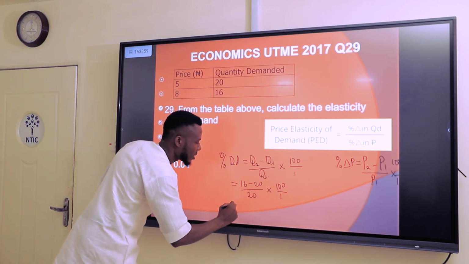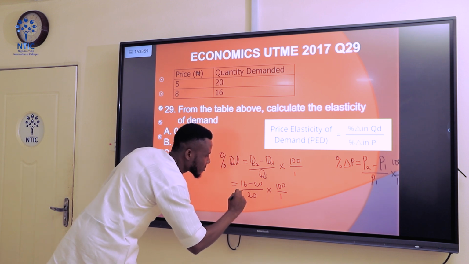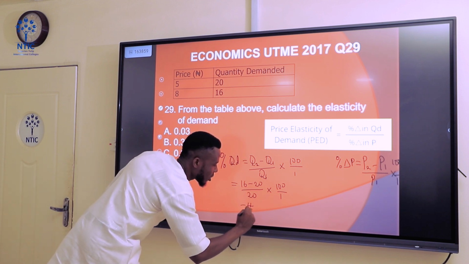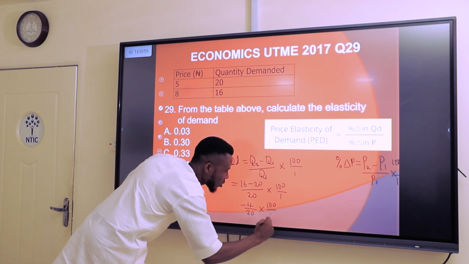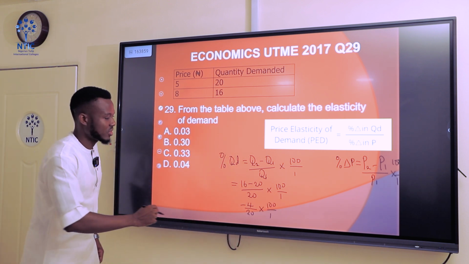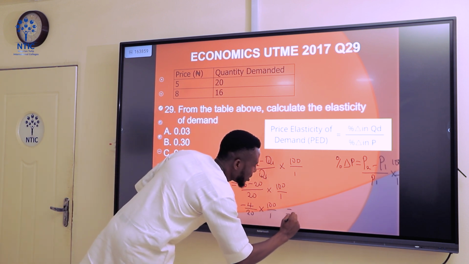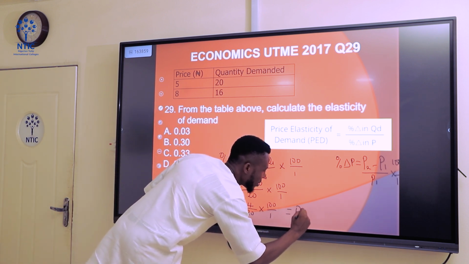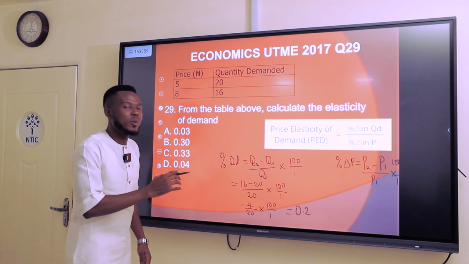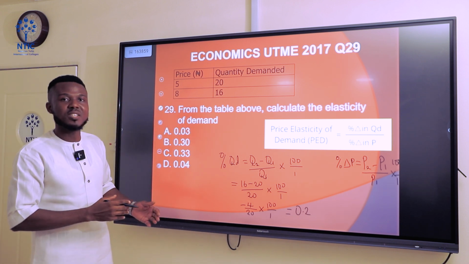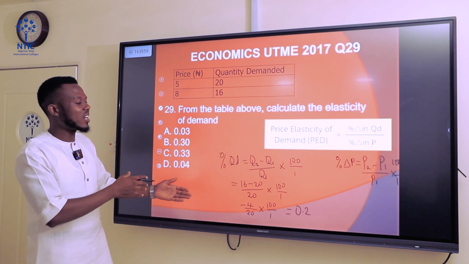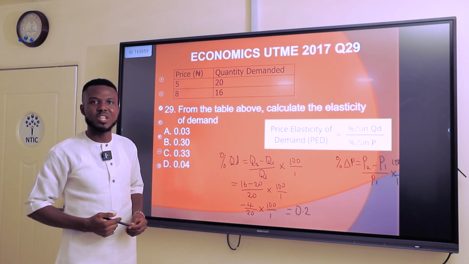Solving this, we will have minus 4 all over 20 times 100 over 1. However, having solved, our answer will be minus 0.2. But we will ignore the negative sign because in economics, the signs only give us the direction and are of no consequence in our calculation.